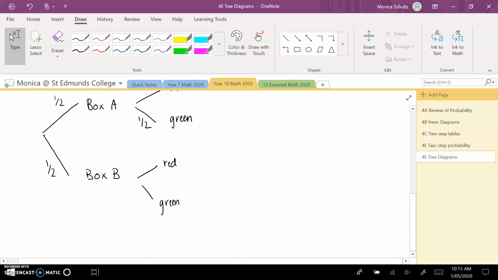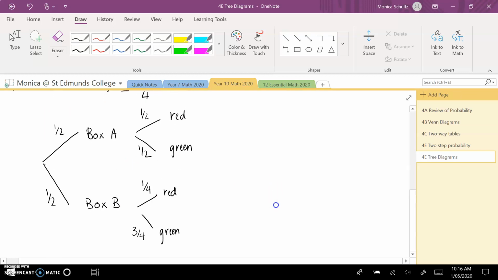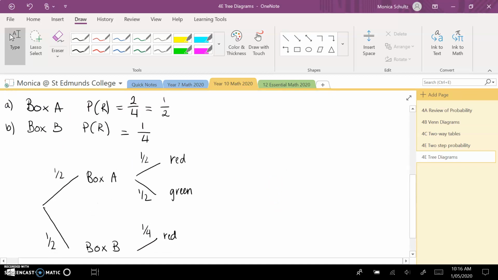For box B, my chance of getting a red is a quarter, which means my chance of getting a green is 3/4. So I've done part C now: represent the options available as a tree diagram that shows all possible outcomes and related probabilities.